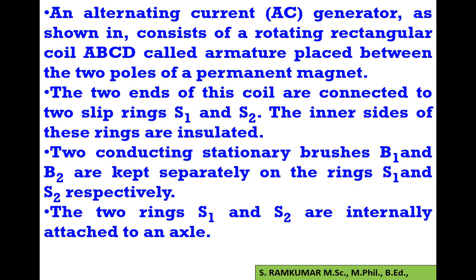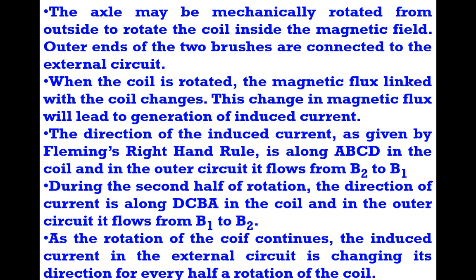Two conducting stationary brushes B1 and B2 are kept separately on the rings S1 and S2 respectively. The two rings S1 and S2 are internally attached to an axle. The axle may be mechanically rotated from outside to rotate the coil inside the magnetic field. Outer ends of the two brushes are connected to the external circuit.